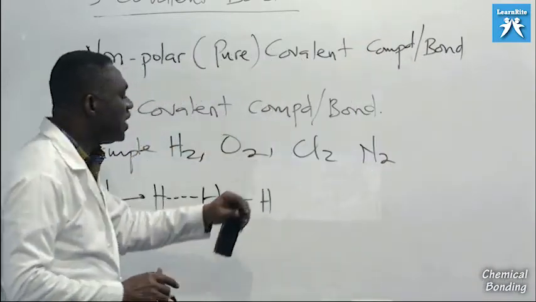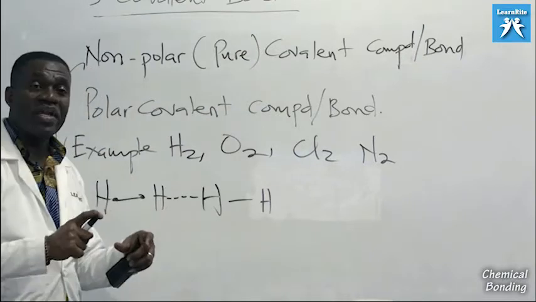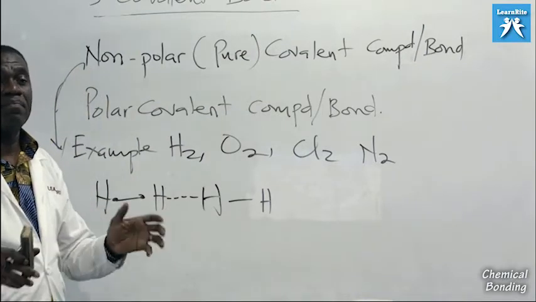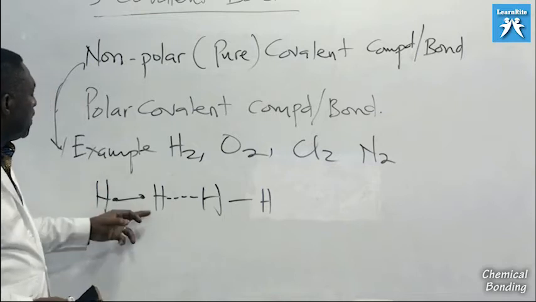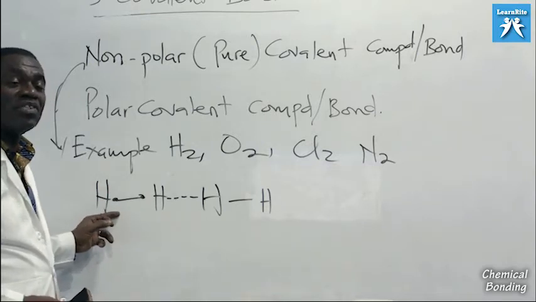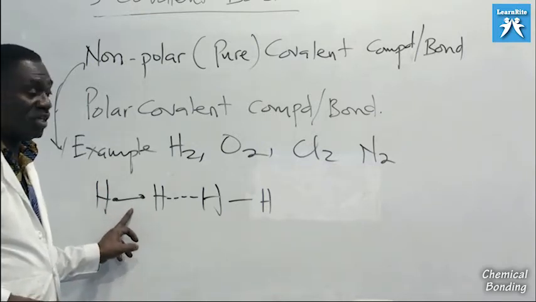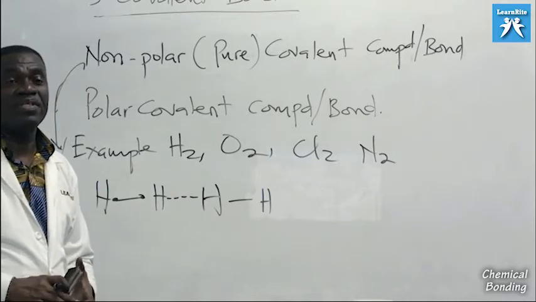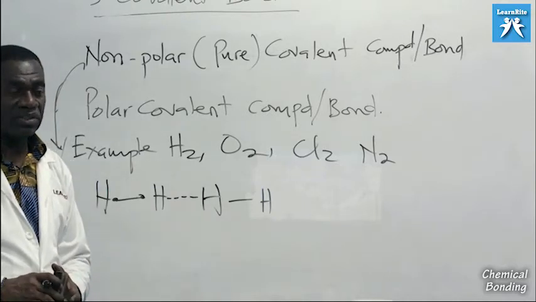So for all homonuclear diatomic molecules, same atom diatomic molecules, the bond between the two atoms, that is the intra, is a covalent bond, but the inter is said to be a weak Van der Waals force.